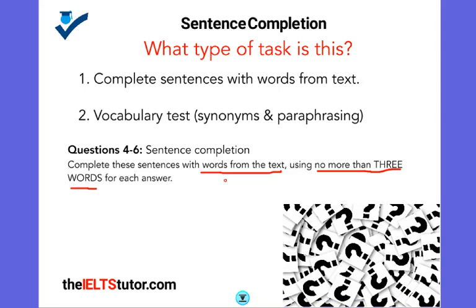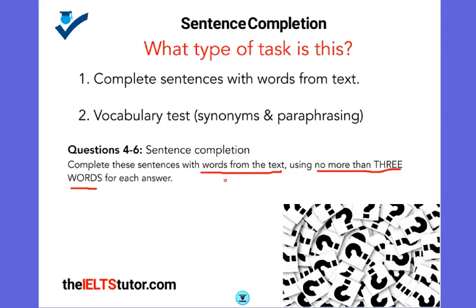However, you need to make sure that you complete the sentences with words from the text. What IELTS candidates normally tend to do, the ones who get the wrong answers, is that they try to find words that are not in the text, but synonyms from their own mind, and put that down as the answer or as a missing answer from the sentence.